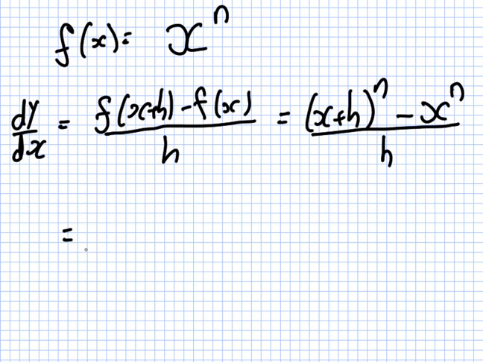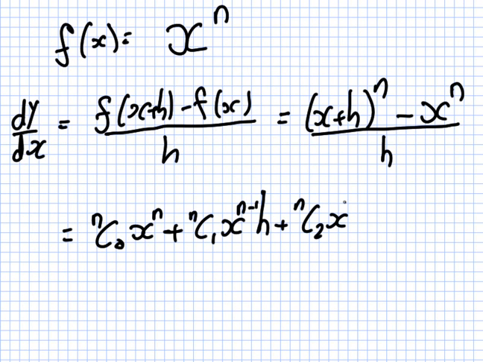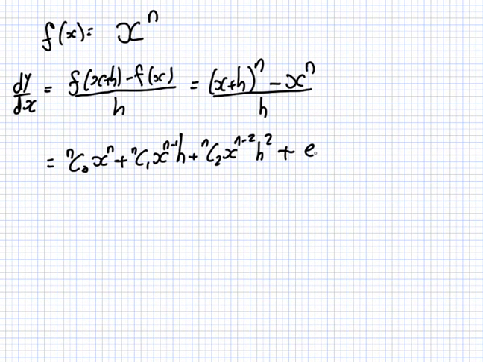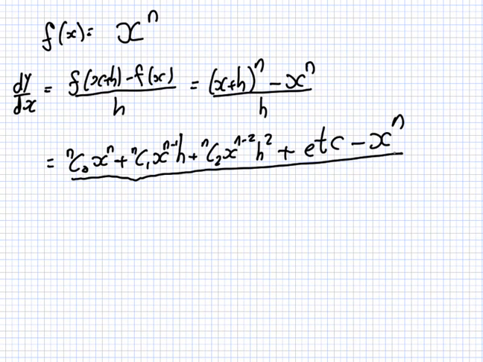So we use Pascal's triangle, which is normal for these problems, and we get, not Pascal's triangle, the binomial theorem: nC0 x^n plus nC1 x^(n-1) h plus nC2 x^(n-2) h squared, etc., and then finally minus x^n at the end, all over h.